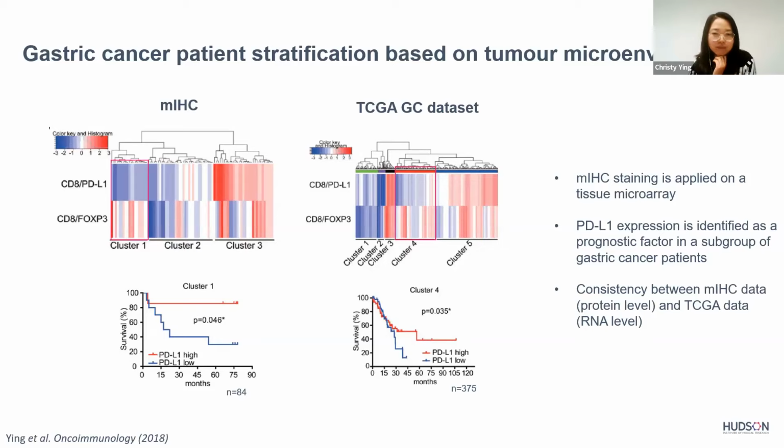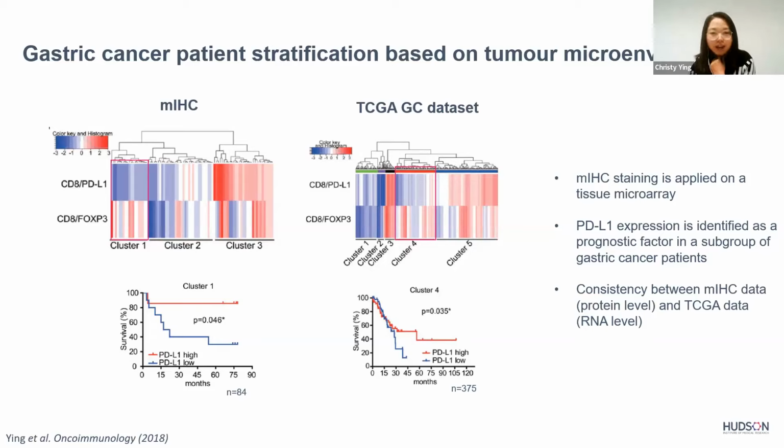To be noted, if we just use PD-L1 as a marker for all the cancer patients, it did not really have prognostic value, only in a subgroup of the population. I think that's the importance of cancer patient stratification, that it allows us to identify certain subgroups of patients where we could know there are prognostic factors.